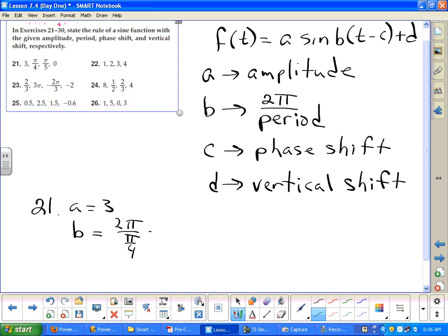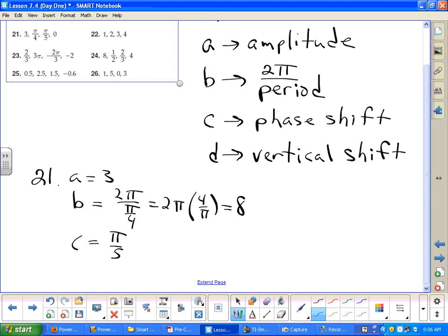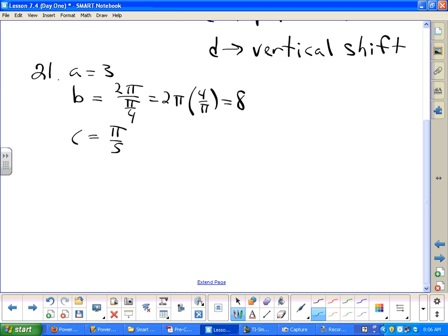So that is 2 pi times 4 over pi, which equals 8. C is the phase shift, and that is pi over 5. So we just plug them in. So we've got f of t equals 3 sine of 8 times (t minus pi over 5).